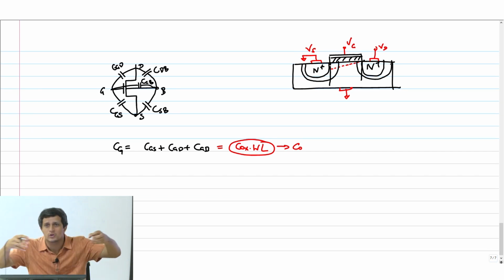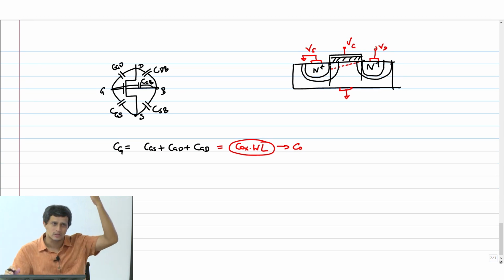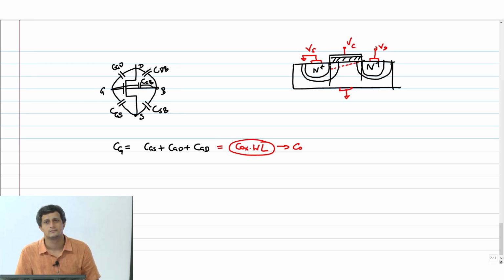The atoms will actually move because I am heating them. I am taking this to like 800 degrees centigrade. You have to anneal it in order to even out all the manufacturing defects. In that process, the N plus will now diffuse under the channel as well. So what will happen is there will be a small overlap capacitance that comes here.